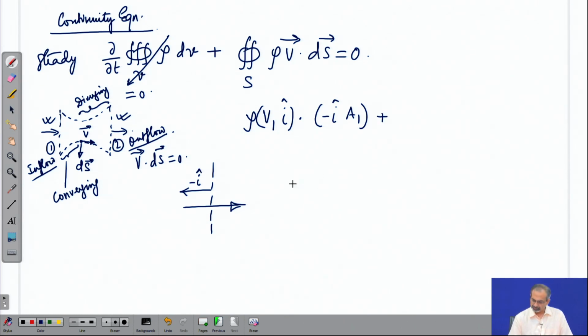While in the outflow, so this is station 1, in the outflow the velocity points out, so does the surface vector. So, we are just showing the unit vector which points in that direction.